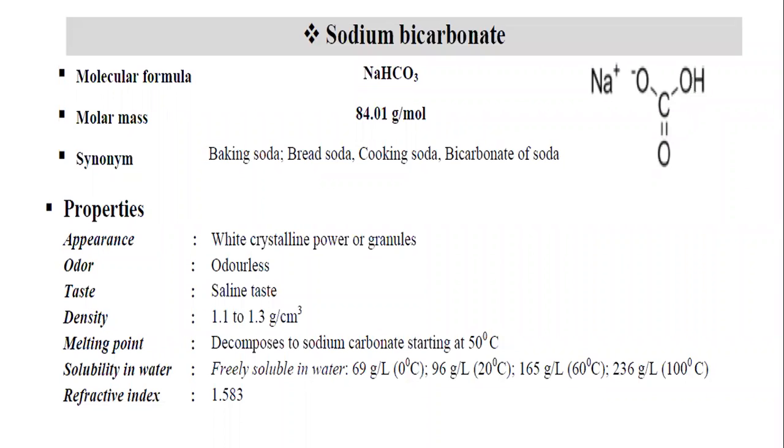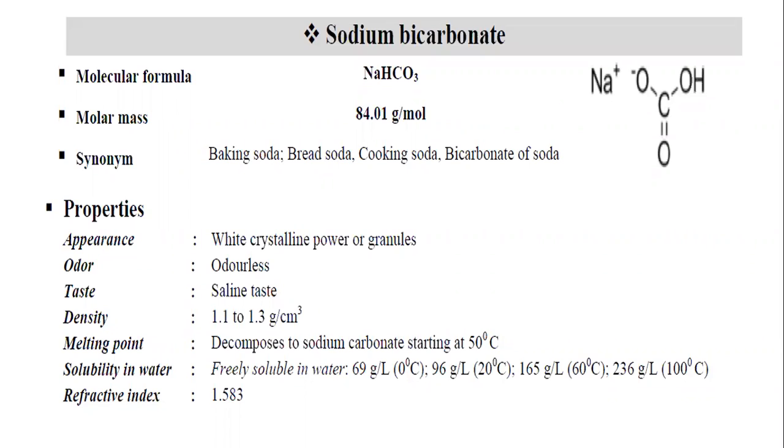Then when it comes to solubility, it is freely soluble in water. Now, if you look at this particular line, solubility in water, you will see that there are different temperatures mentioned. So at 0 degree centigrade, 69 grams of sodium bicarbonate can dissolve in 1 liter of water. So that is what it means, 69 grams per liter, at 0 degree centigrade.